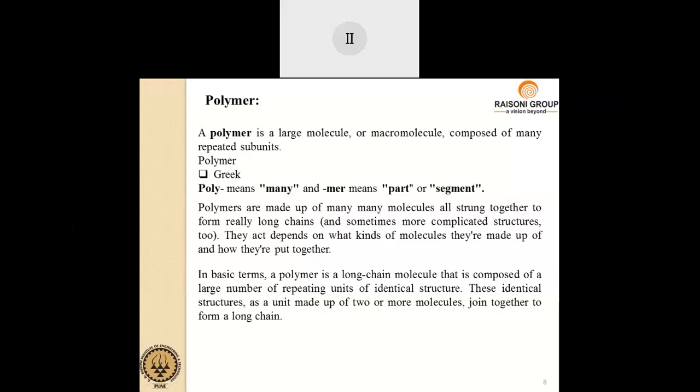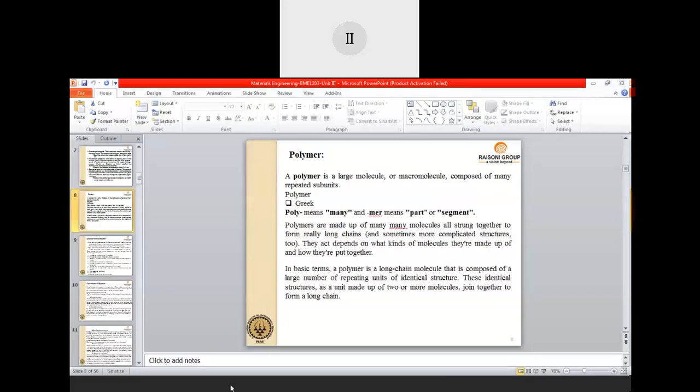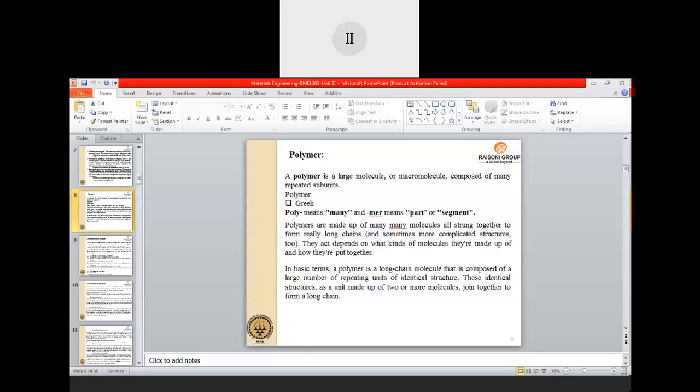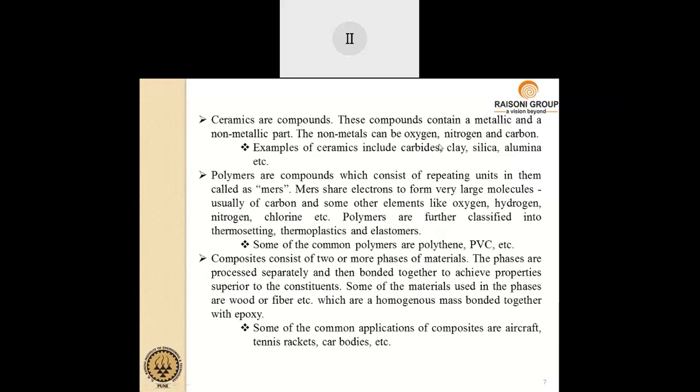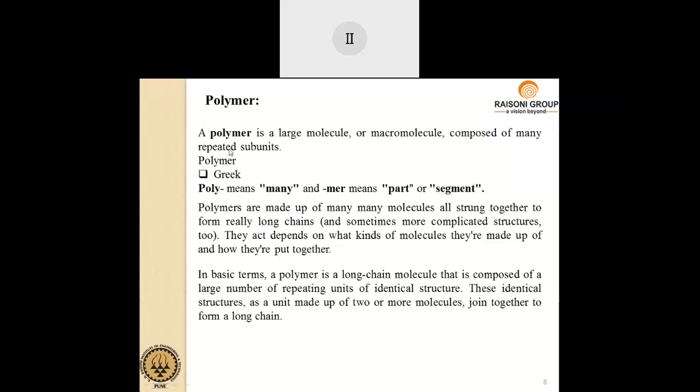So first, in your syllabus, the first thing is polymers. You need to know what a polymer is. We already told that: polymers are compounds which consist of repeating units in them called mers. So a polymer is a large molecule or macromolecule composed of many repeated subunits.